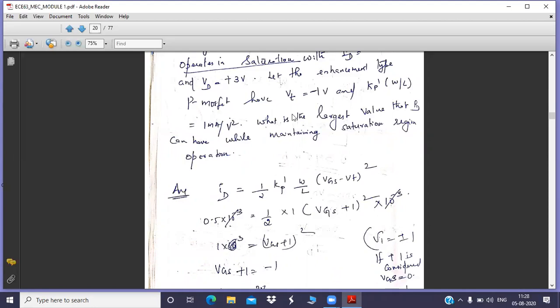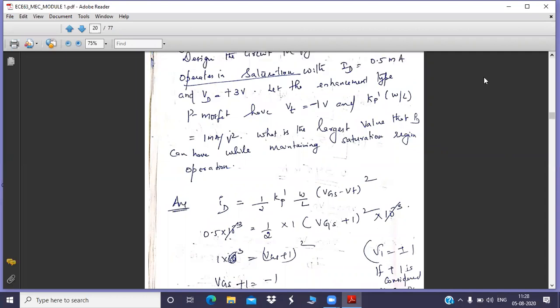See, from the question, it is given that ID is equal to 0.5 milliampere. That 0.5 milliampere you substitute here, equal to half into Kp dash W by L. It is given that Kp dash W by L is 1 milliampere.